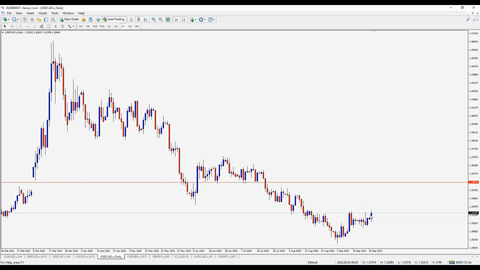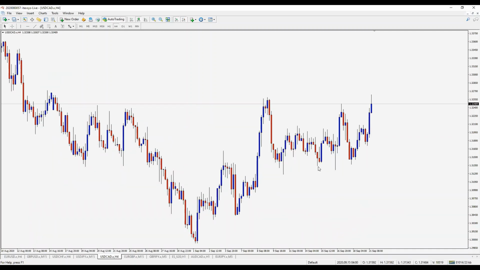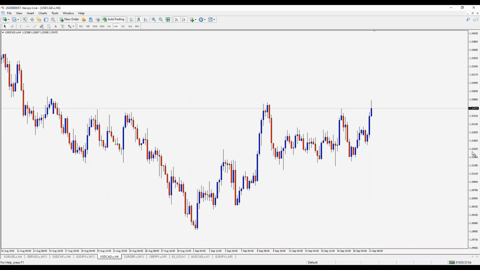It seems the price developed a bullish momentum after this bearish momentum. So mainly I prefer to look for a buy position, at least until the price reaches this level. I don't see this opportunity now, but maybe it will happen soon.